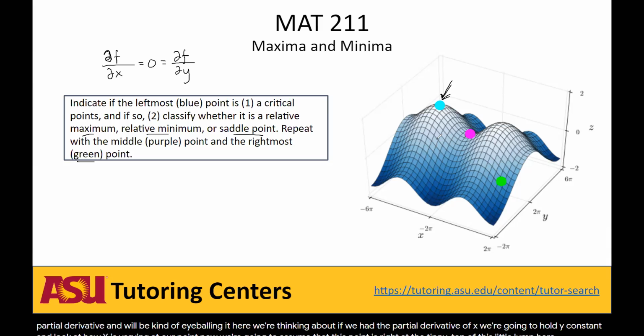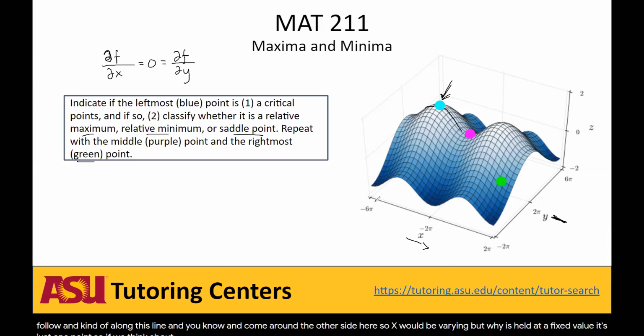So we would be holding y constant, following along this line and coming around the other side. So x would be varying, but y is held at a fixed value. It's just one point.